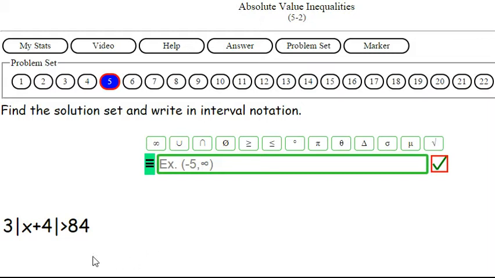Alright, so what are we doing? Bring up the magic board. 3 times the absolute value of x plus 4 is greater than 84. So the first thing we're going to do is get this in more of the standard form where we have nothing but the absolute value on the left hand side.